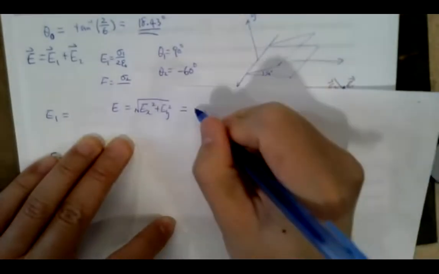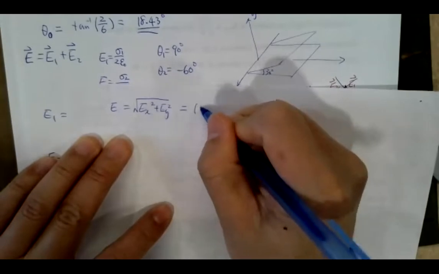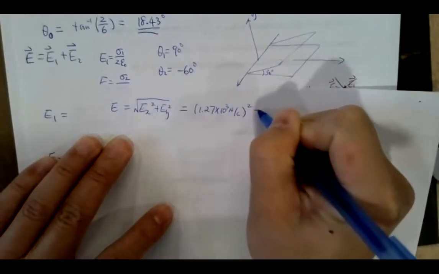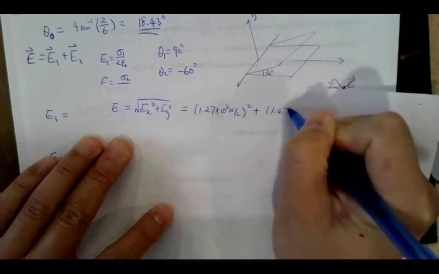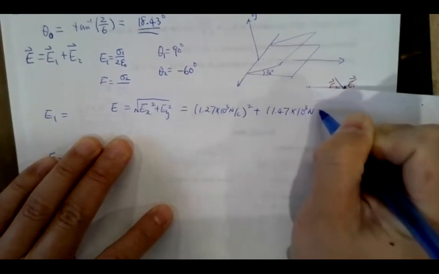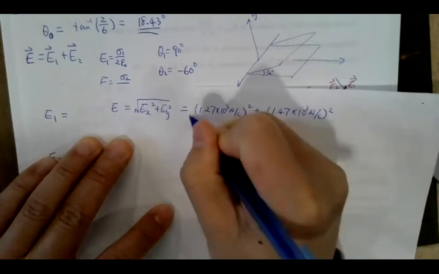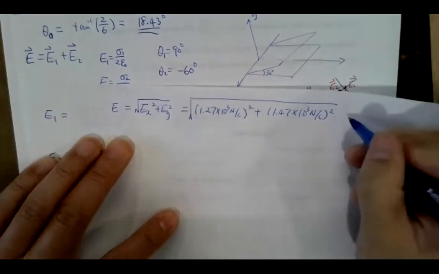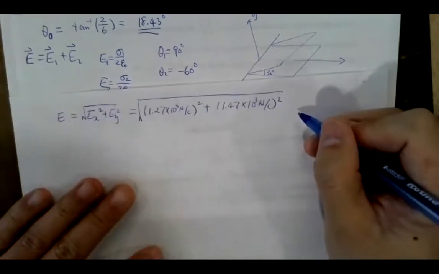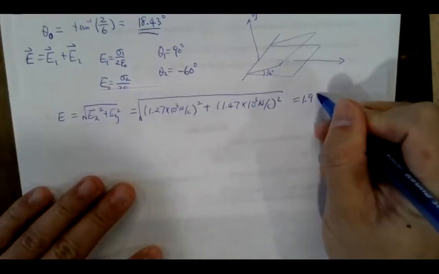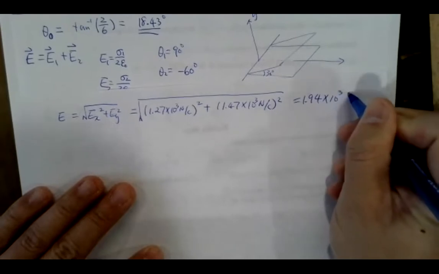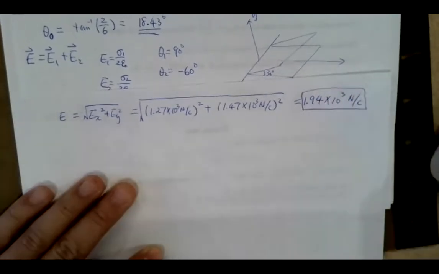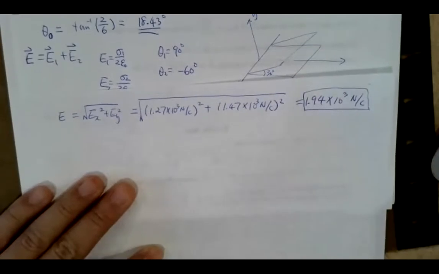That would be 1.27 times 10 to the third squared plus 1.47 times 10 to the third squared, and then you take the square root of it. That will give you 1.94 times 10 to the third. That's your magnitude for the E field.